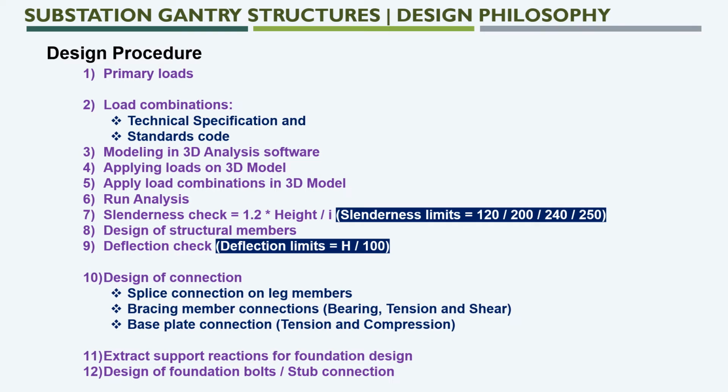In most of the standards, whether European, American, Indian, Indonesian or even Russian, they provide slenderness limits. 120 is the slenderness limit for the main leg, 200 for primary bracings, 240 for secondary bracings, and 250 for horizontal members which are connected between the legs.